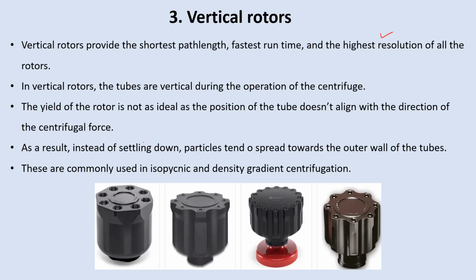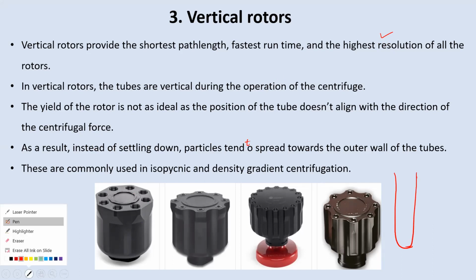As a result, instead of settling down, the particles tend to spread towards the outer wall of the tube. So if you have this centrifuge tube like that, and if your material is say green, I will just use the green color, you will see that it'll all settle like this.